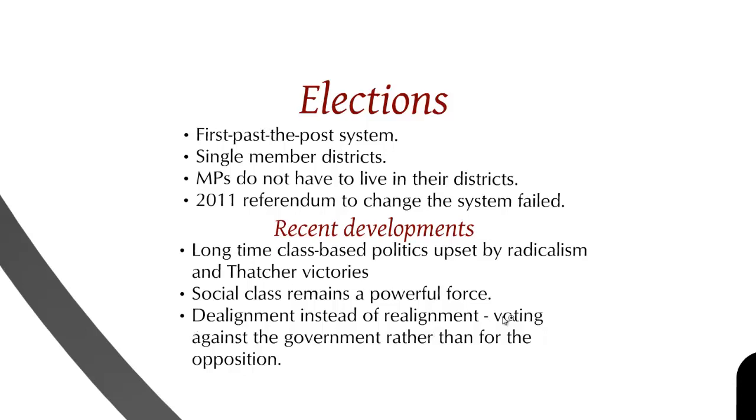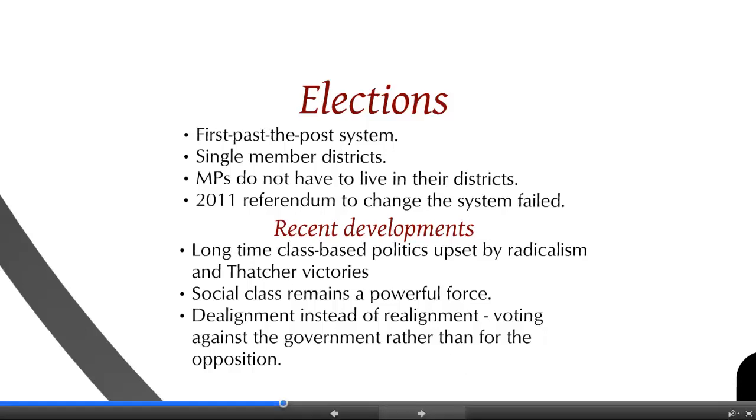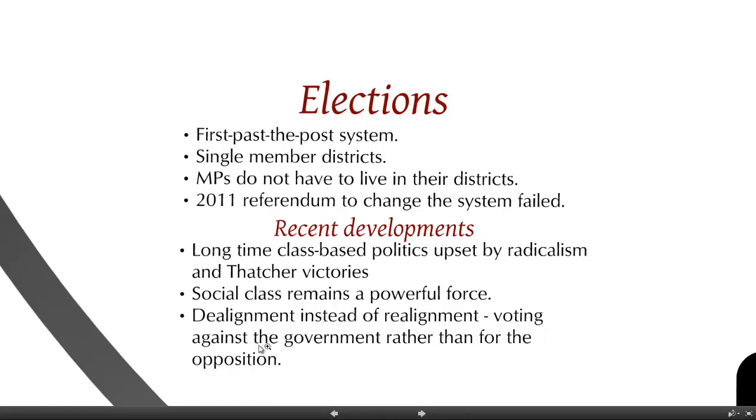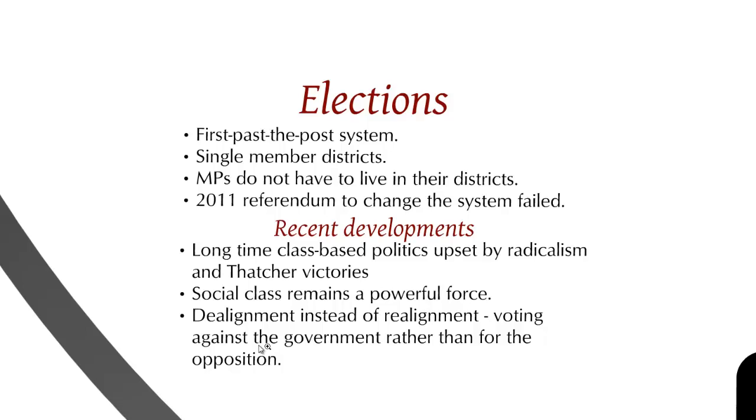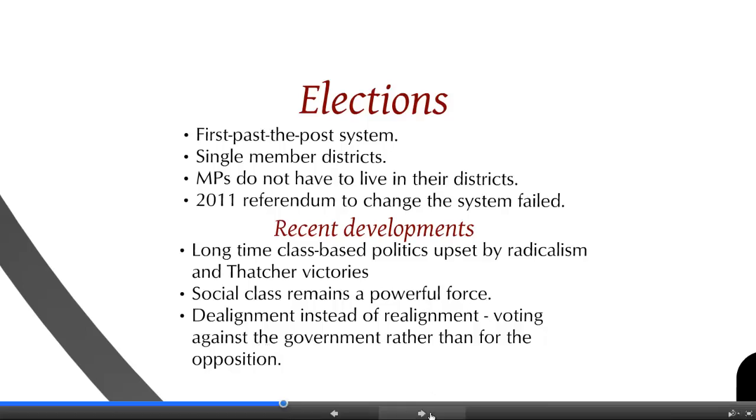So maybe post-materialist values haven't really gained as much traction in party politics in the United Kingdom as they have elsewhere. But voters will vote against the government rather than for the opposition, as evidenced in the last election when Labour lost power.